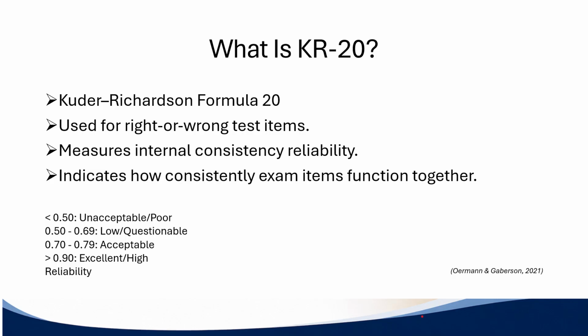A higher KR20 generally suggests that the exam is more consistent in measuring the same underlying construct, while a lower value indicates the items are not functioning cohesively. The factors that affect the KR20 are the difficulty of the test, the number of the questions, the number of questions that do not discriminate or negatively discriminate, and the spread of the students' scores.